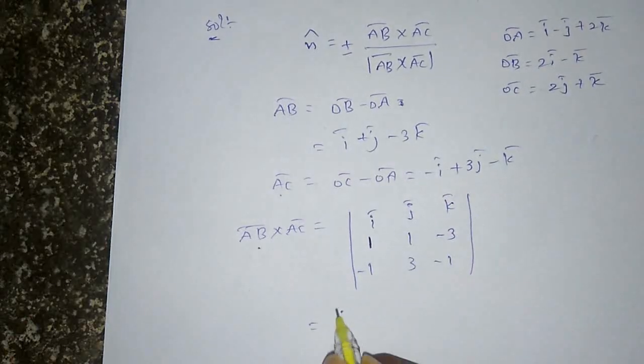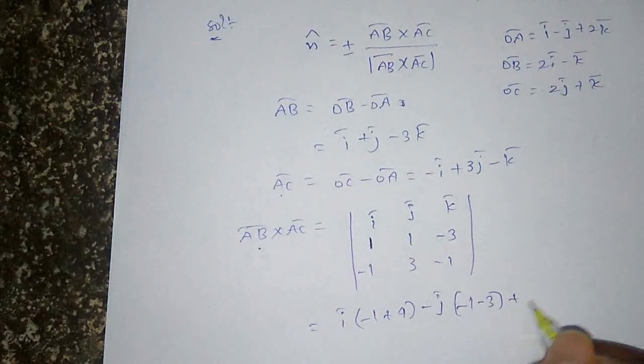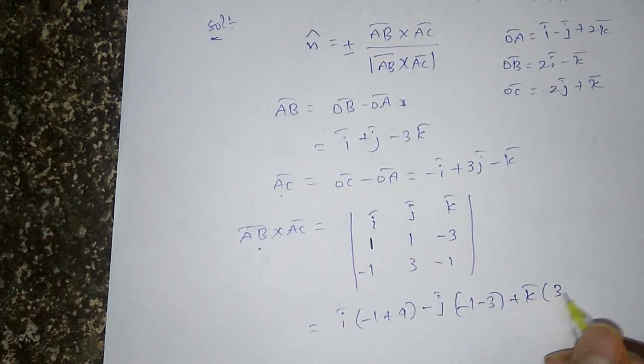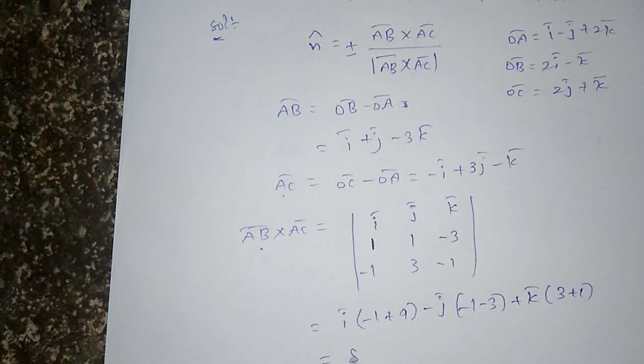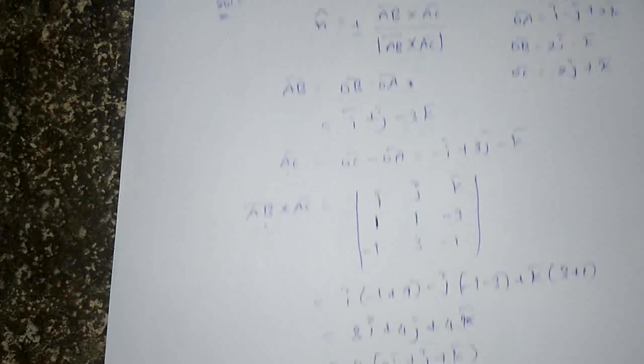Now this is equal to i bar into minus 1 plus 9, minus j bar into minus 1 minus 3, plus k bar into 3 plus 1. This is 8i bar plus 4j bar plus 4k bar. You can take 4 common. This is 4 into 2i bar plus j bar plus k bar.